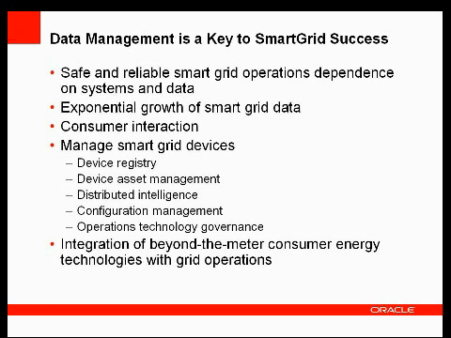And so now we have this much larger dependence on the systems and the data in order to achieve some of these benefits, but also maintain that safety and reliability as a priority. So some real implications there as we start to implement these smart grid initiatives.